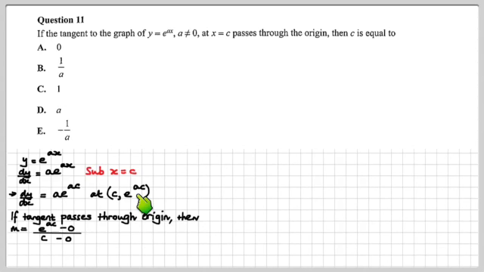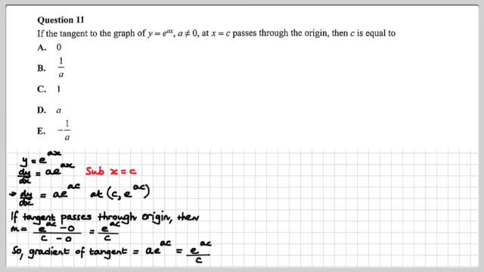We're just doing y2 minus y1 at the origin over x2, where x is c, minus x at the origin. That is also the gradient of the tangent, expressed from a different clue in the question. So we can simplify that like that. Now we've got two bits of information about the gradient of the tangent, and of course they must equal each other.